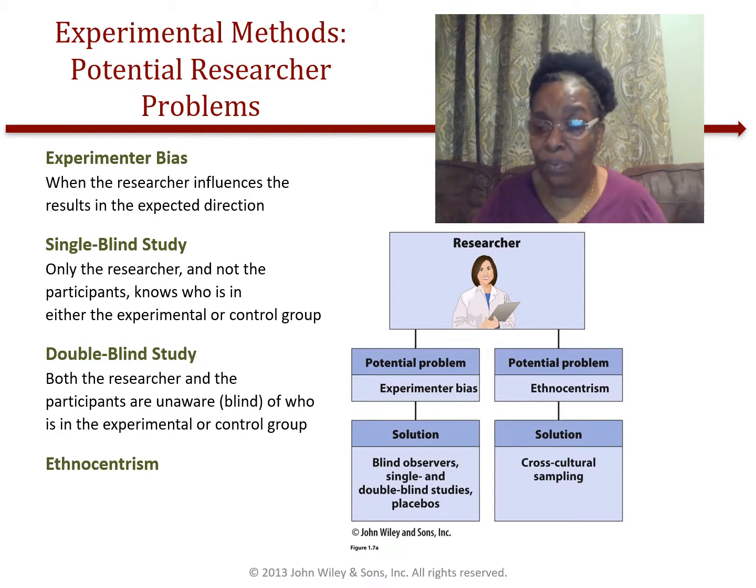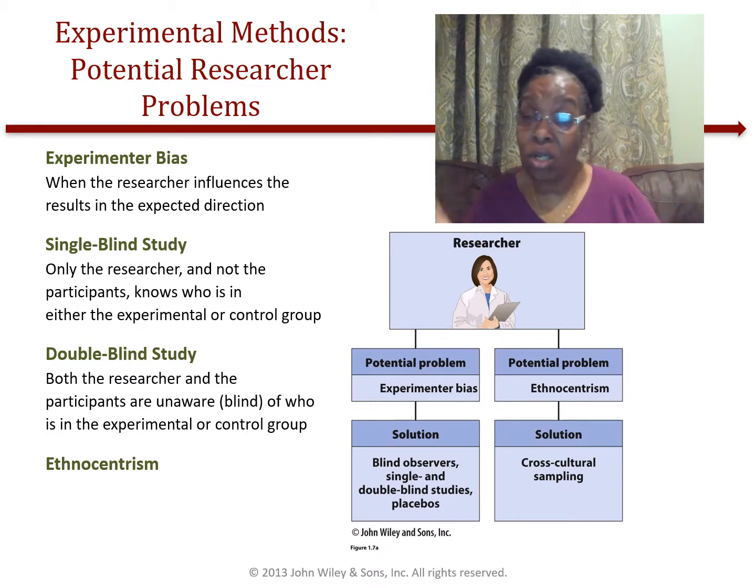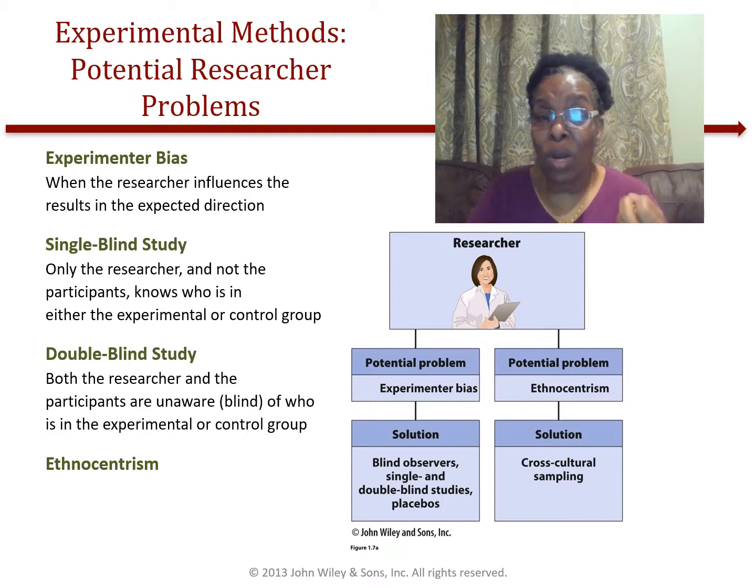Singles help, but a double-blind study would be even better, because neither the researcher nor the participant actually knows who was placed in the experimental group or the control group. So this would be one of those stronger designs that we would want a person to go through.